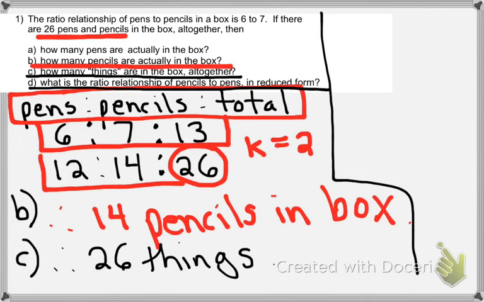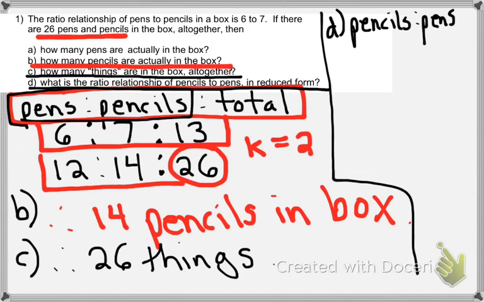So, D wants pencils to pens. So over here we had pens to pencils. So now they want pencils to pens. So that would be pens to pencils is 6 to 7. So pencils to pens would be 7 to 6. And they're not asking for totals.